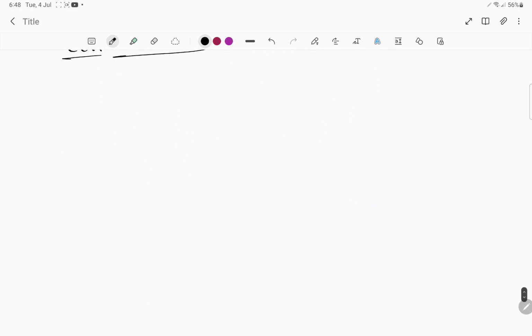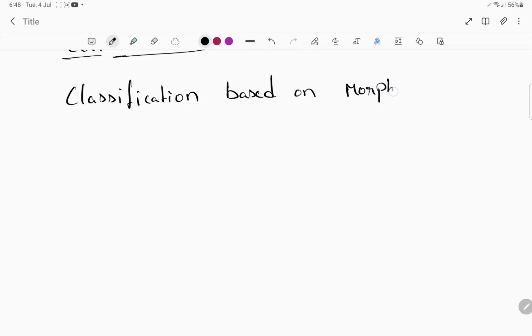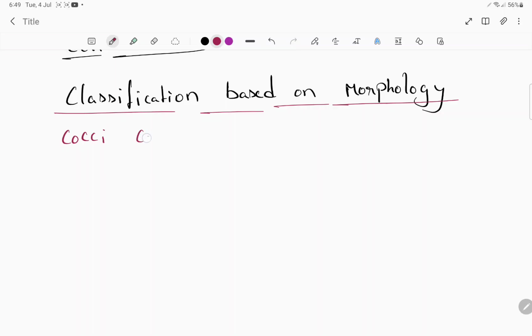Coming to the classification based on morphology, we have cocci. Cocci is plural; the singular is coccus.